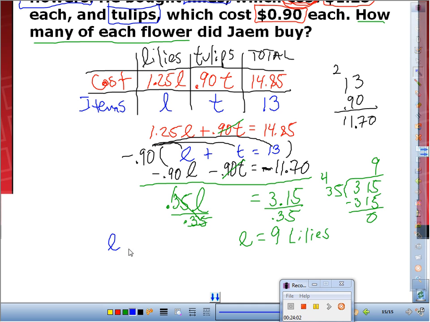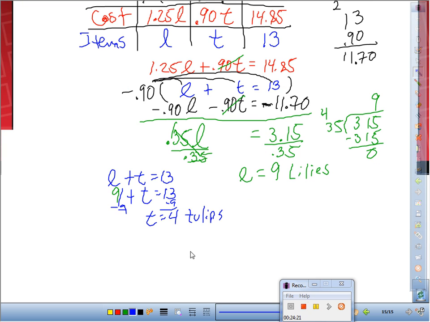L plus T equals 13. Instead of L, I'm going to substitute in the 9. Bring down the plus T equals 13. Minus 9, minus 9. T equals 4. Okay? Now it's easy, right?